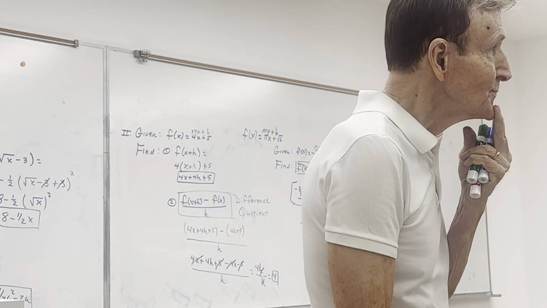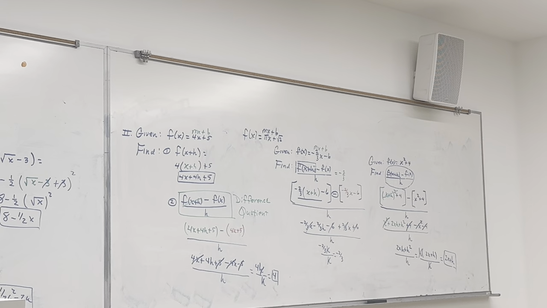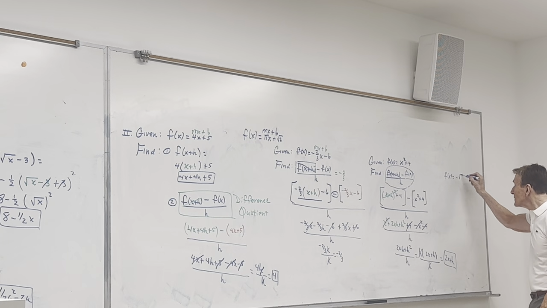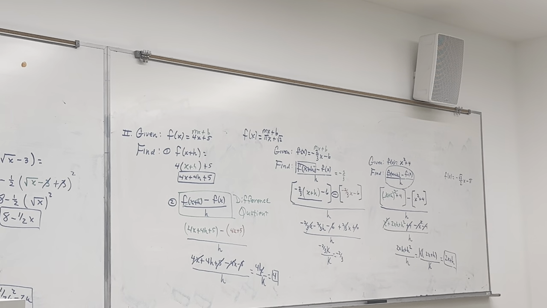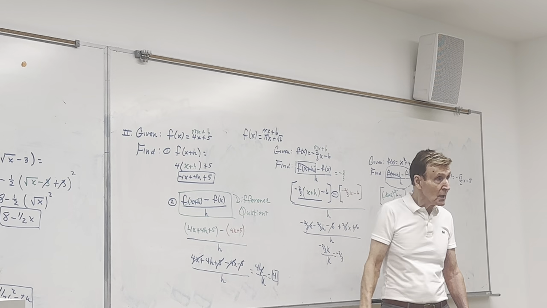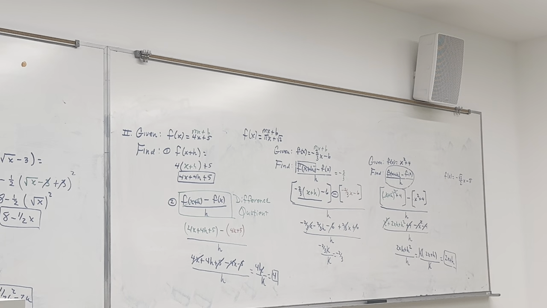Kyle, if I gave you this, just in closing, Kyle, and I ask you to find this thing called a difference quotient, what might you tell me the answer must be, Professor?